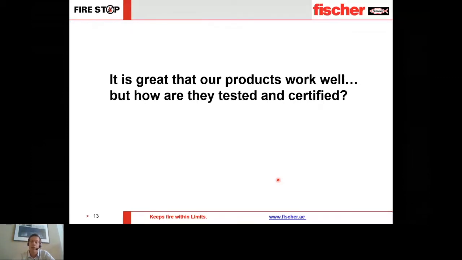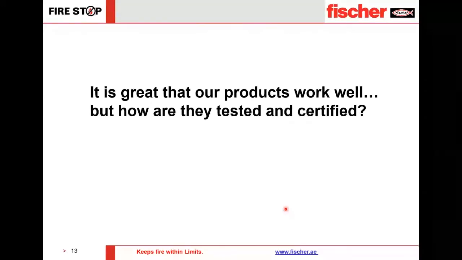But first, Muzaffar, what are the relevant testing standards for the Middle East region? Yes, Konstantin, that's a really good question. Now, in the Middle East, FIRESTOP systems again are accepted as tested systems, and there are several testing codes which give the parameters and procedures for testing.